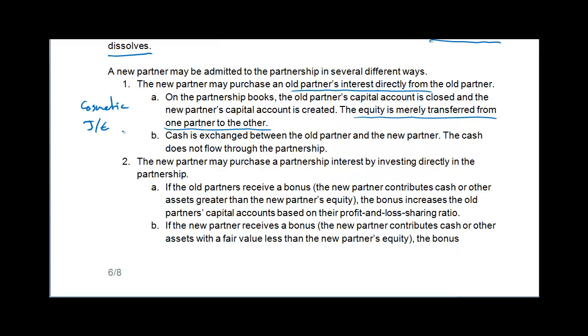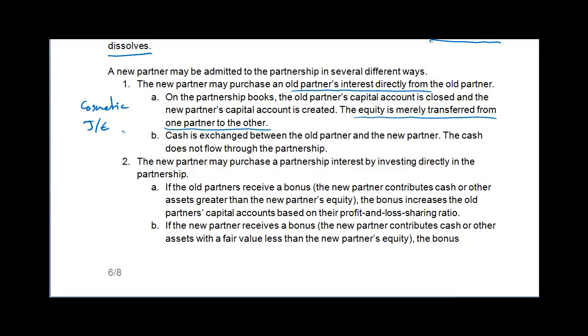However, another way that a new partner can come in is to invest directly in the partnership. They can bring in some cash or some assets, and the other partners agree to let them in. And so the old partnership's dissolved, a new agreement is created, and so on. The key question there is, how much equity, how much capital in the partnership does the new partner receive?